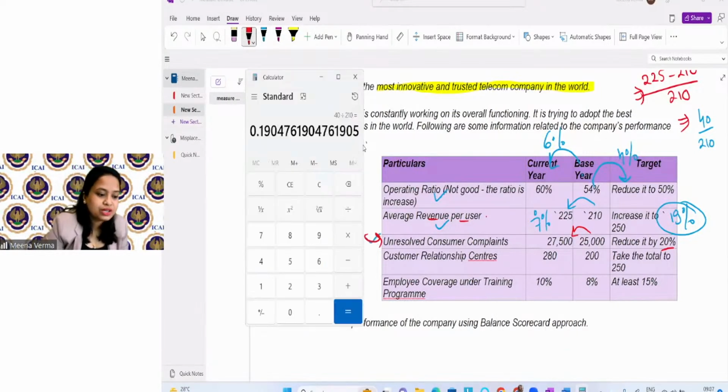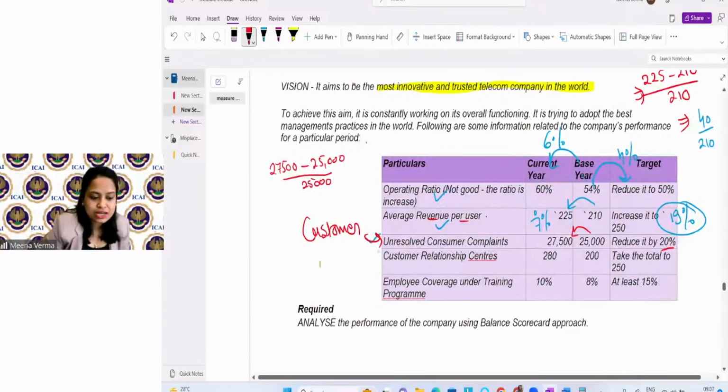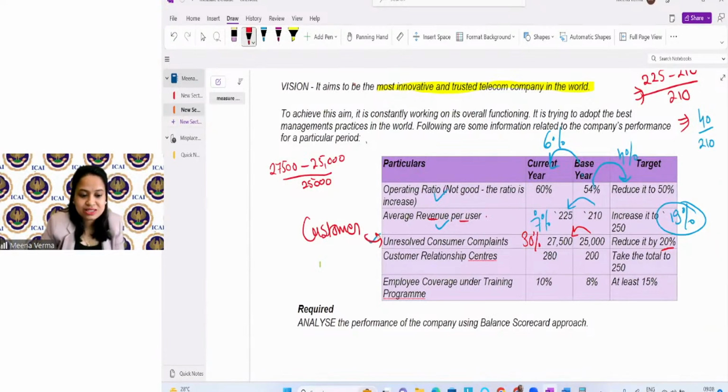How much? 7,500 divided by 25,000, that is 30%. So customer complaint has increased by 30%, instead of reducing it by 20%.